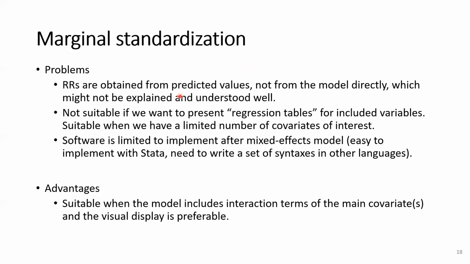So this is somewhat different, and sometimes it's difficult to explain the method and to be understood correctly. It may also not be suitable if you want to present regression tables including all the variables. It will be suitable when we have a limited number of correlates of interest, like only one or two exposure variables we are interested in. Maybe this is the way to go.